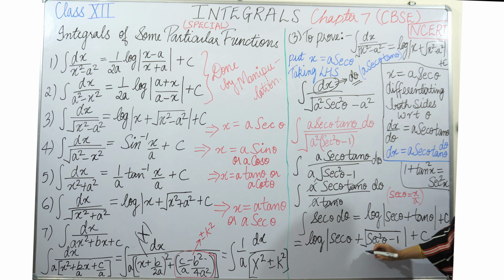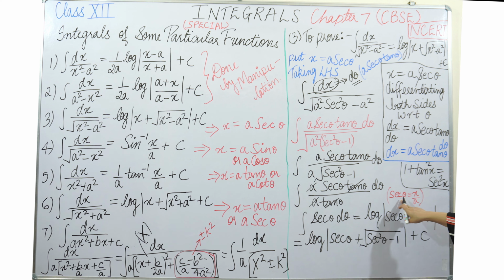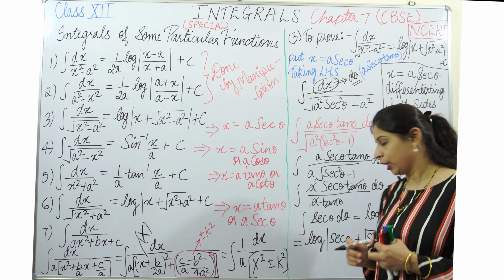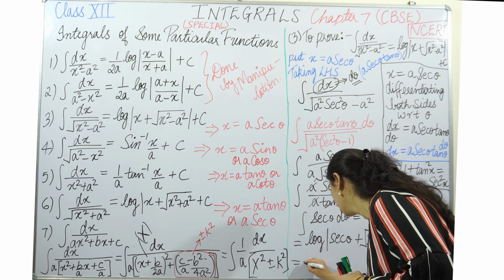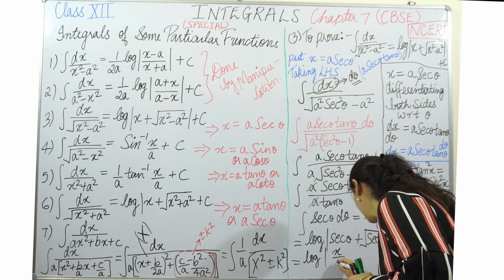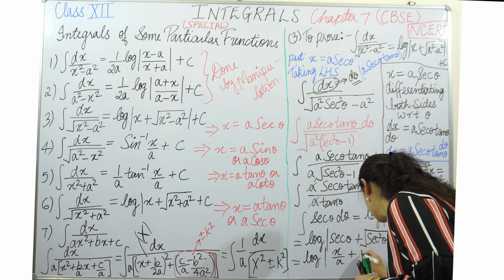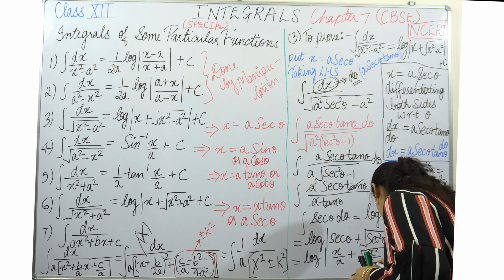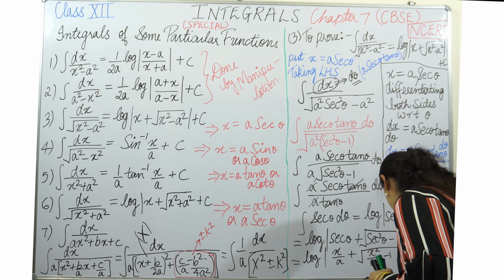Okay, so now in the place of sec theta I can easily substitute x upon a. Okay, so it will be log x upon a plus under root x square upon a square minus 1.